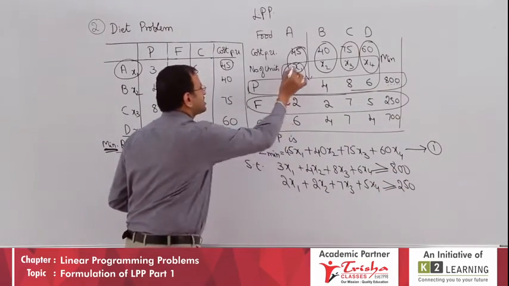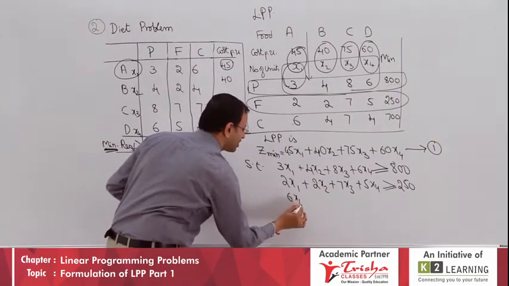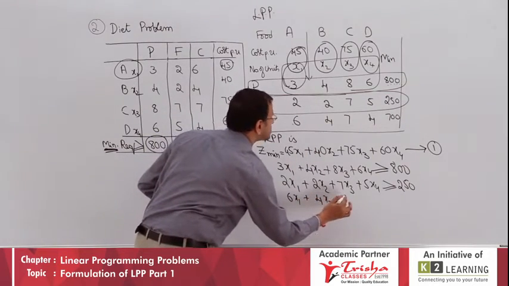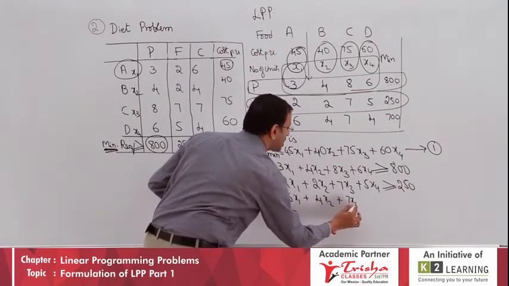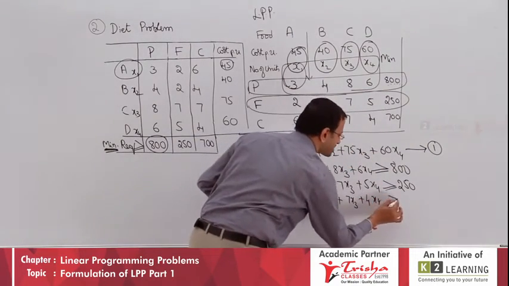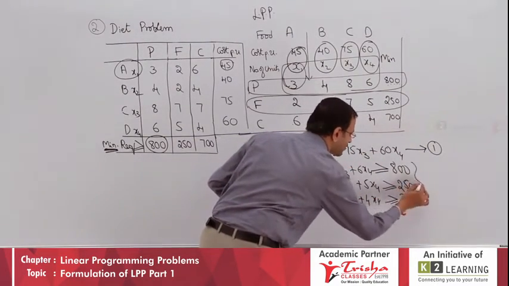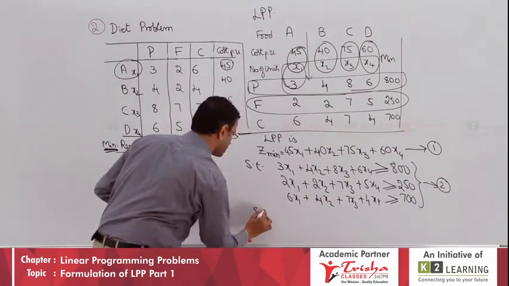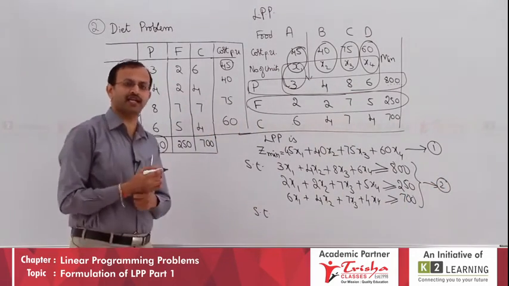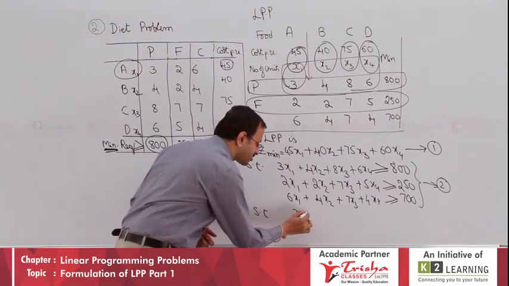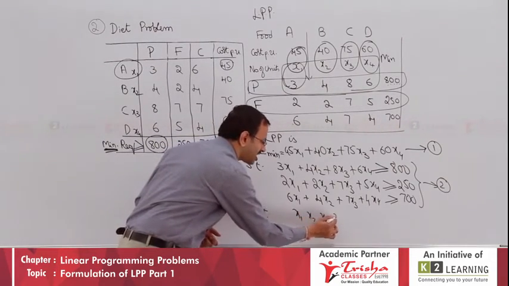Last one, 6x1 plus 4x2 plus 7x3 plus 4x4, it should be least 700. This we will call 2. Subject to last one. Can there be any negative units? Definitely no. Non-negativity constraint x1, x2, x3, x4.